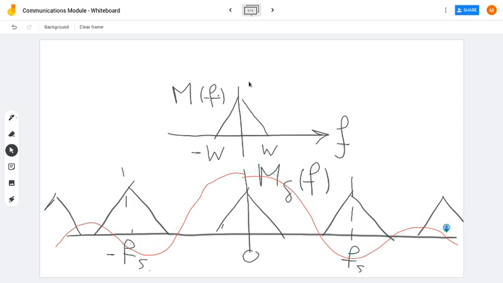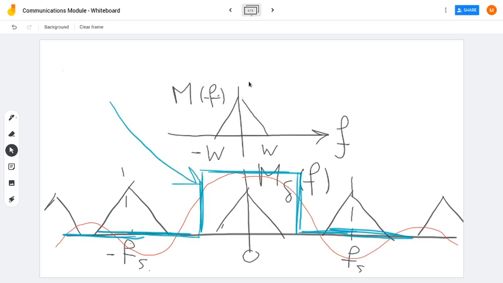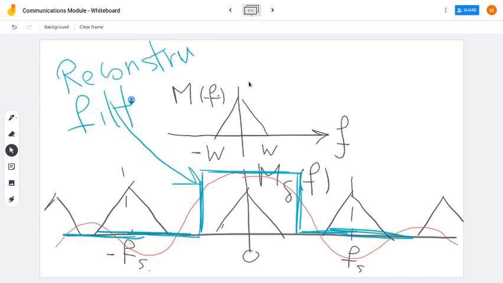If we did not have the sinc function, we could simply have used a low-pass filter, which would choose the spectrum centered around 0 and kill all other replications of the spectrum, and then we would have recovered our signal. And this filter we have called before the reconstruction filter, and we have used it with instantaneous sampling.